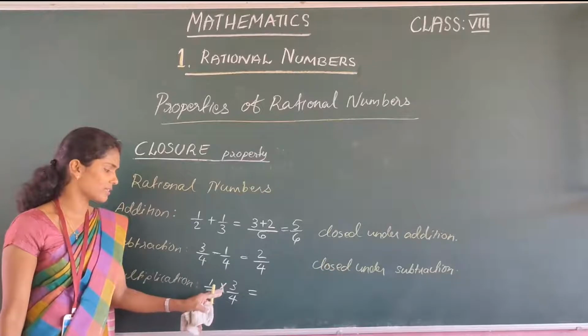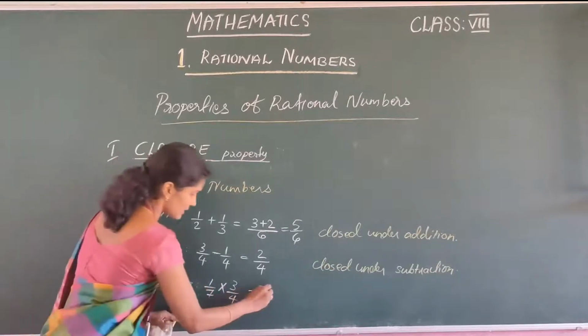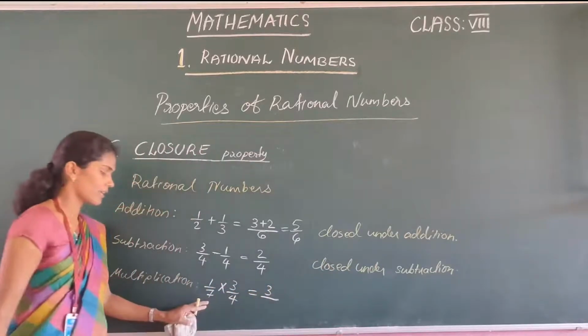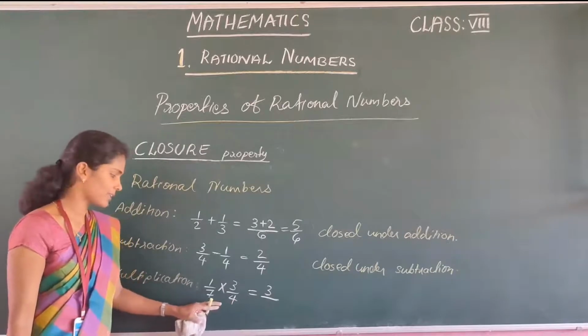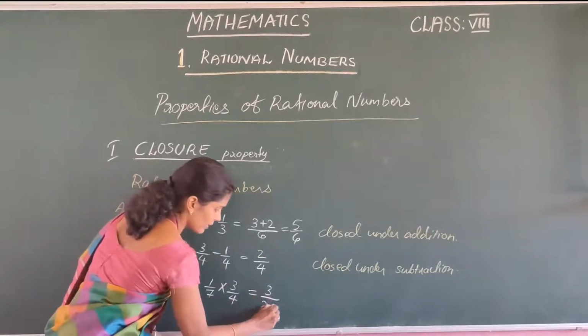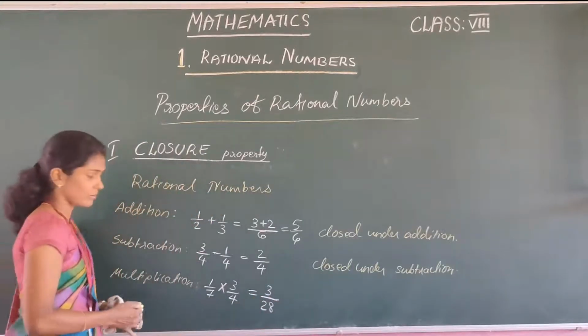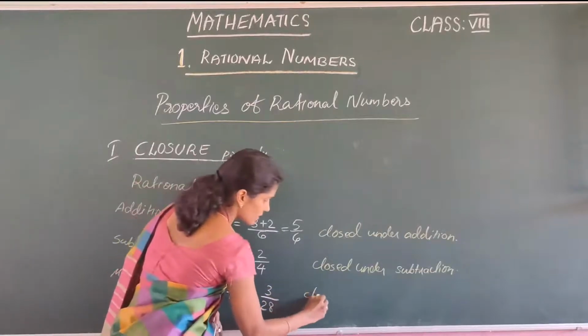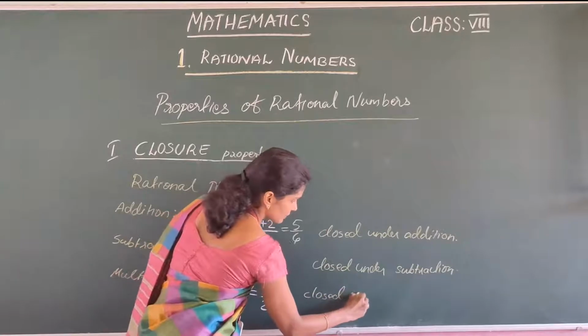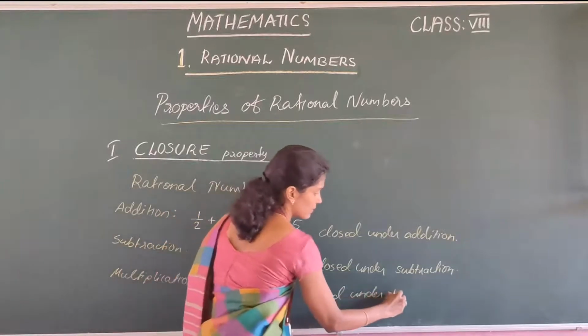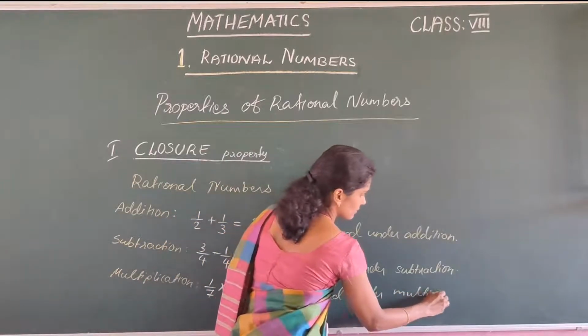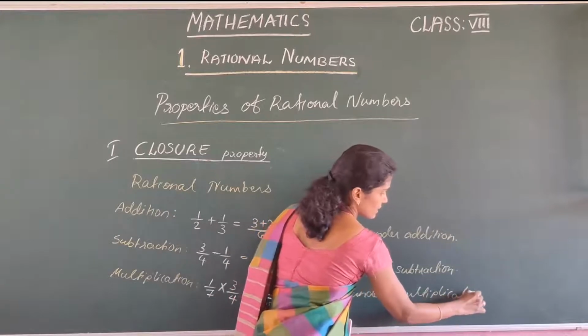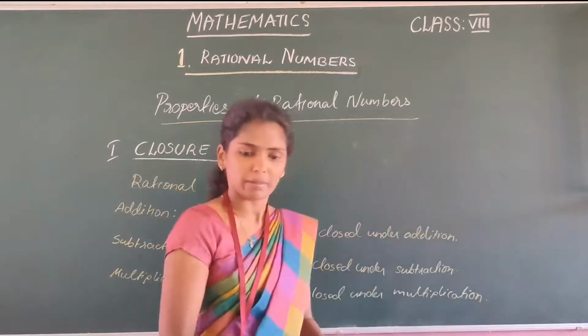Here the numerators are 1 and 3, so 1 into 3 is 3. The denominators are 7 and 4, we multiply them, 7 into 4 equals 28. This is also a rational number. So we write rational numbers are closed under multiplication.